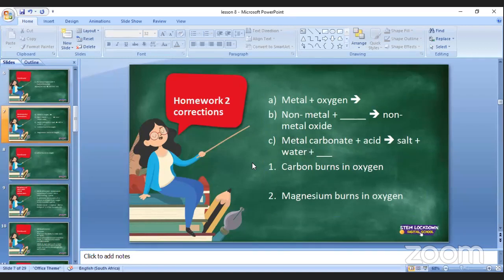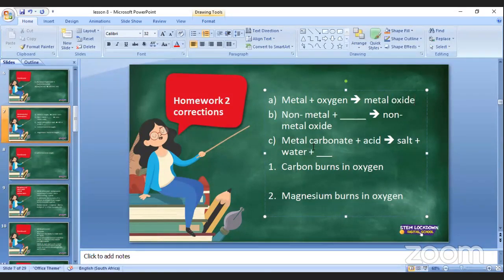This one is very easy, so we're not going to waste time. We said that this was homework number 2 from yesterday. We said the other day, metal, when metal is reacting with oxygen, we get metal oxide. Remember, this is some sort of revision strategy that I use with my learners in my school, because if we stay long not doing something, you will fail.